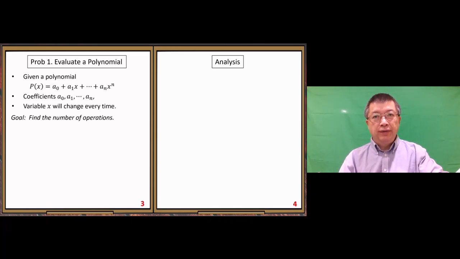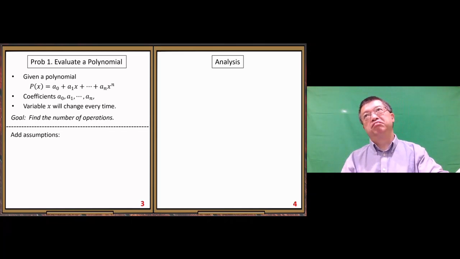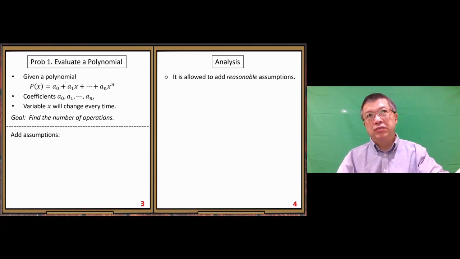Our goal is finding the number of operations. In order to solve this problem, we need to add some assumptions. Let me tell you why we can do it. It is allowed to add reasonable assumptions when we solve real-world problems.